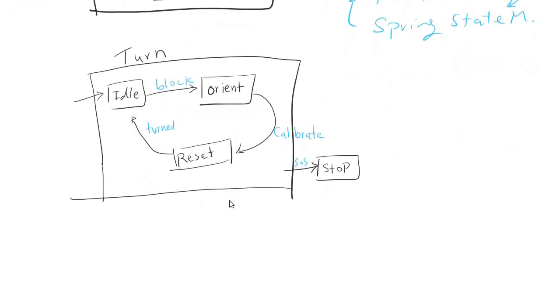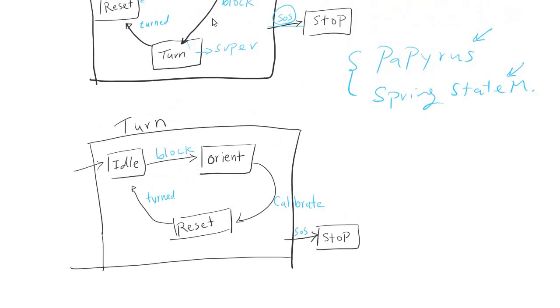And inside the turn, we also have an idle state. It will get this event. As you see, the event that comes to this super state is exactly the same event that we're going to use inside this super state, and this event will trigger a transition from idle to orientation.